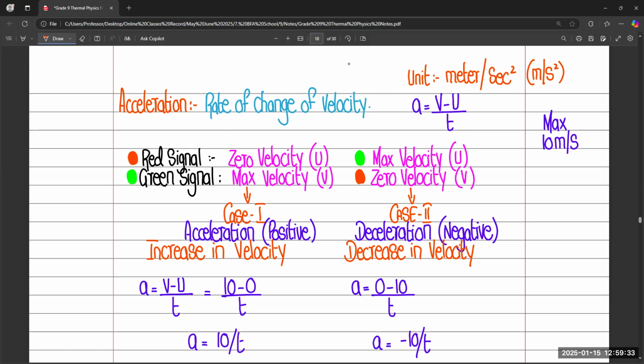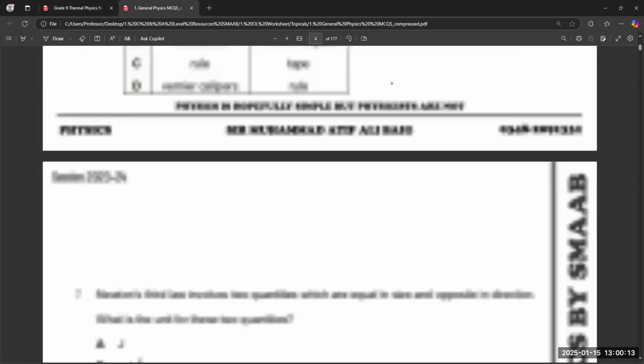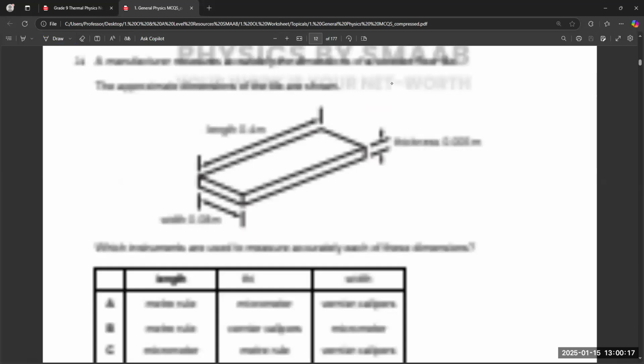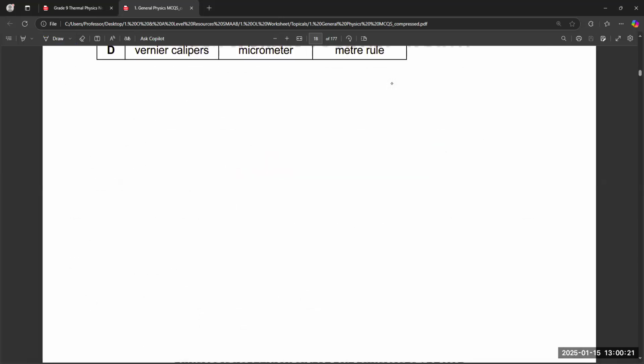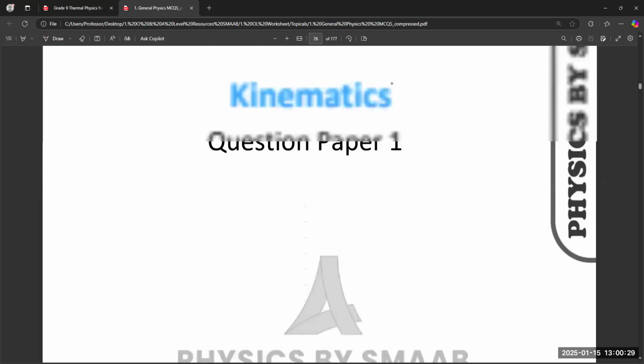Now let's suppose we consider some basic questions, like from the MCQs related to speed, velocity, acceleration, etc. So let's see how we can find out the questions and how to solve questions related to these quantities. So kinematics, motion.